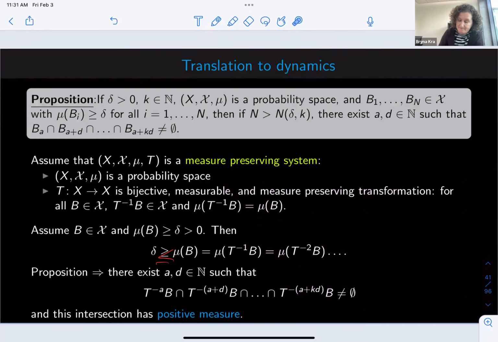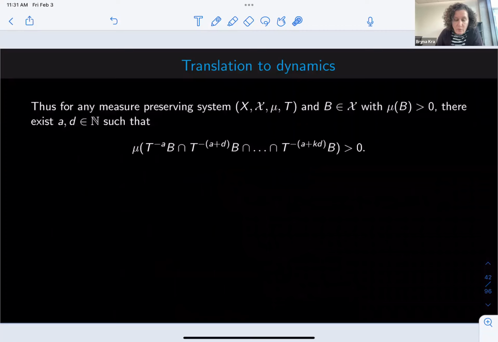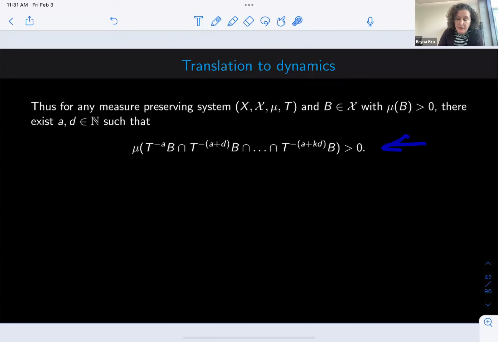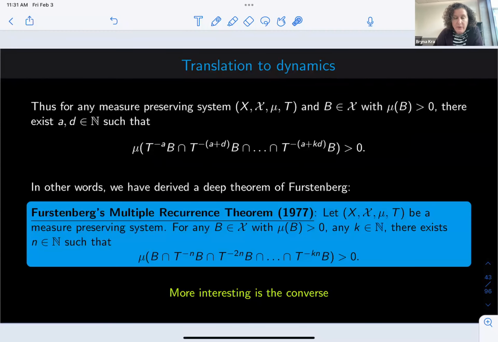So what we have just done is used Szemerédi's theorem to show that in any measure preserving system, for any measurable set, you can find an arithmetic progression such that these iterates here are positive. In other words, we've proven a really deep theorem using another really deep theorem. We've proven Furstenberg's multiple recurrence theorem.